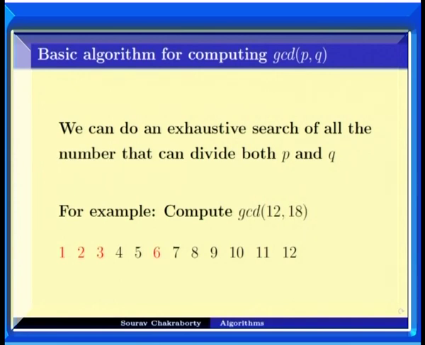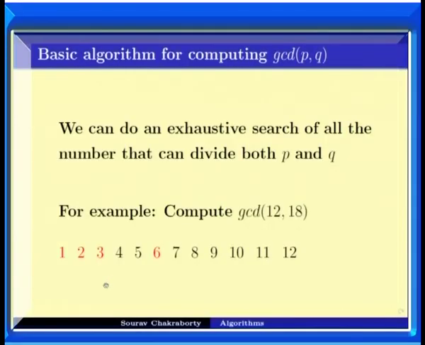And then you can verify that all the other numbers will either not divide 18, or not divide 12, or both, so they are not possible GCDs. Thus we have this array with some of them marked red, and the next thing we do is go from right to left and find the first number that we encounter which is red, which in this case is 6, and that is the GCD.